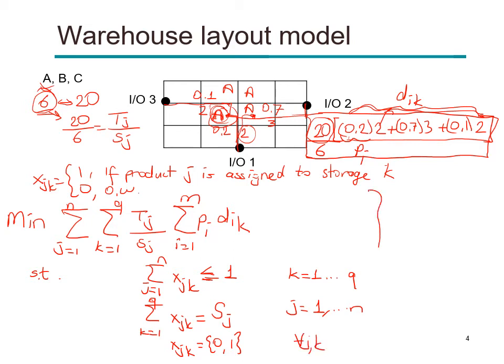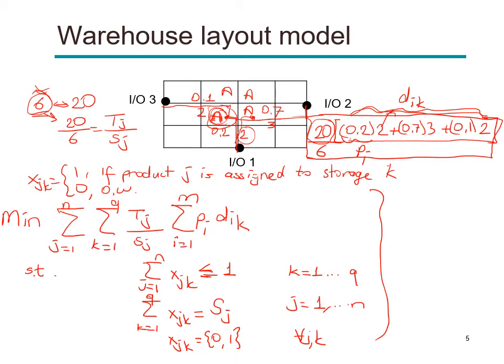You see, this is a simple model to solve this problem, but in fact we don't need to solve this problem using such a model. We can find the assignment in an easier way that we will learn. We can have a procedure to assign these storage spaces to these parts.